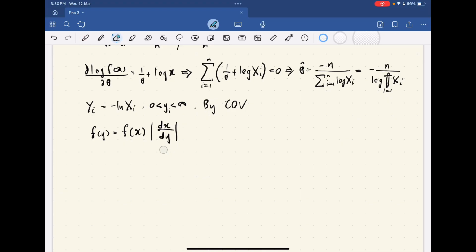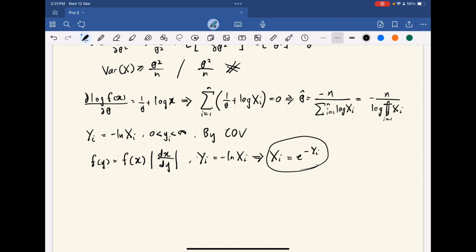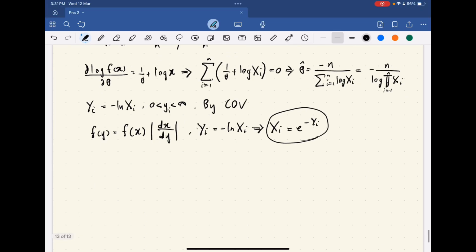But you have to express x in terms of y. If y is negative ln x_i, that means x_i is e raised to the power of negative y. So you use this term to describe x.